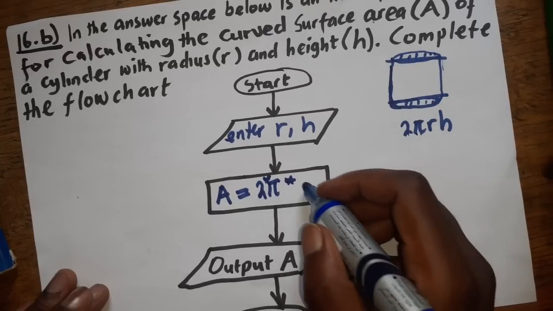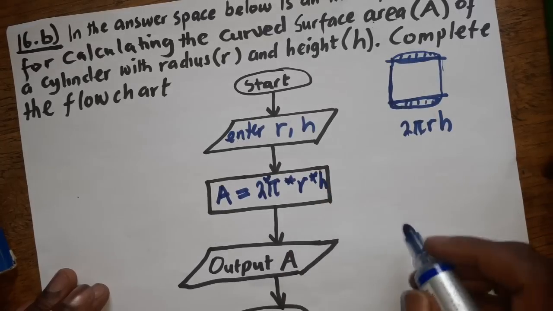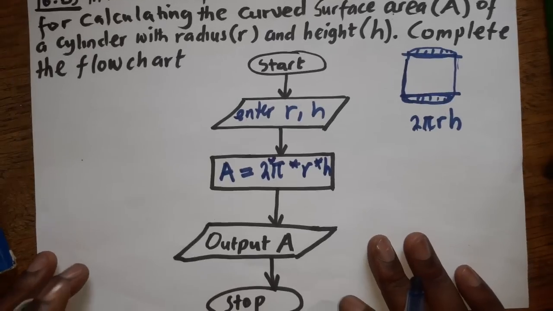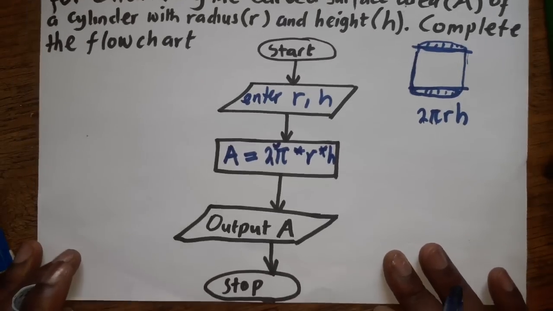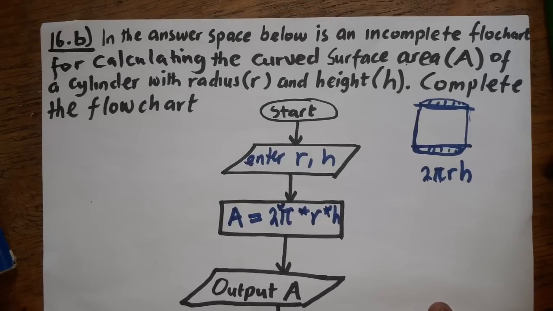Remember, we are multiplying. So this is what we're supposed to write. Everything is already done. It's only those two parts that we're supposed to do. This is our 16B. Ladies and gentlemen, I hope I've made myself clear. Okay, next question.